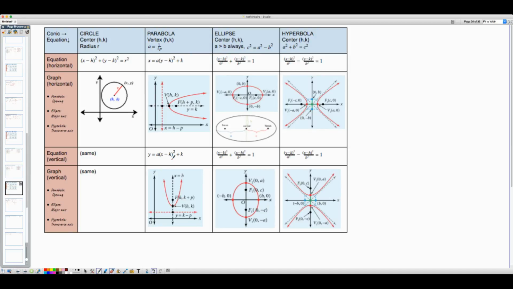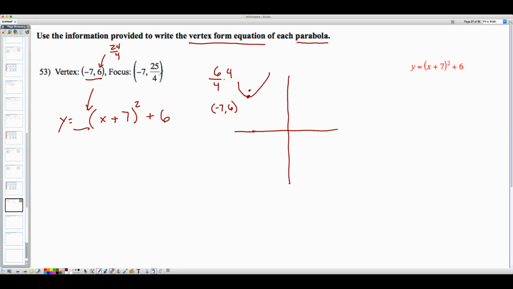1 over 4p. P is the difference from my vertex to the focus. And the difference from the vertex to the focus is going to be 25 fourths minus 24 fourths, which is 1/4.